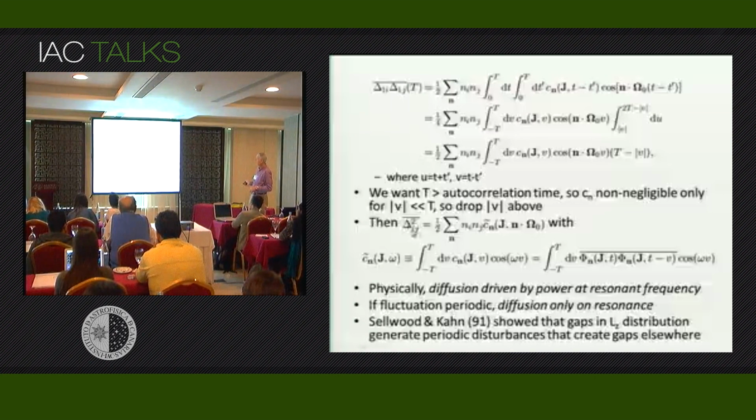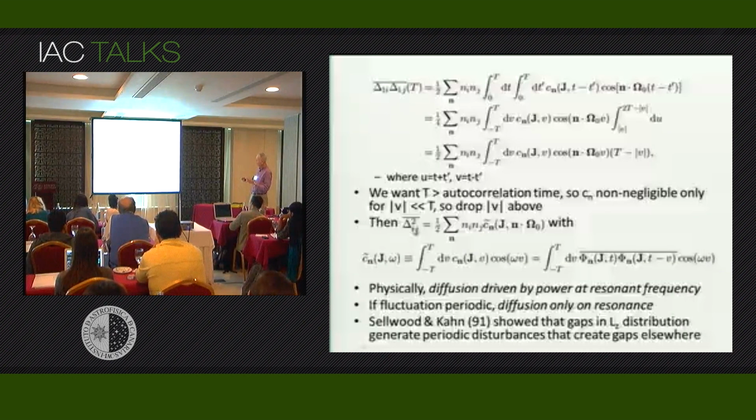This says the diffusion coefficient that we want, which is the variance per unit time in the actions, I and j, is this stuff here, where C tilde is the Fourier transform of the autocorrelation function here. So C tilde is defined here. It's the Fourier transform. And so the Fourier transform of the autocorrelation is what's called the power spectrum, right? That's what it is.